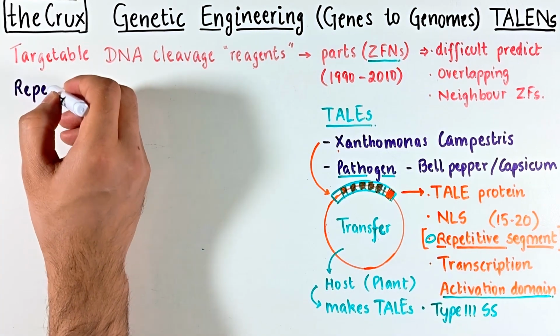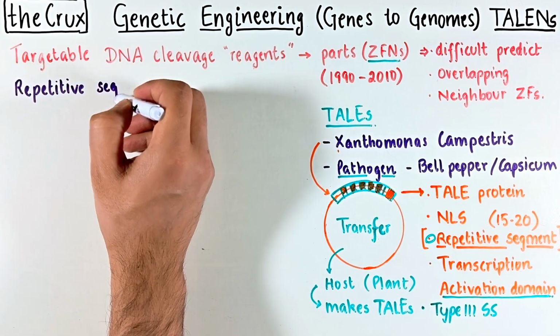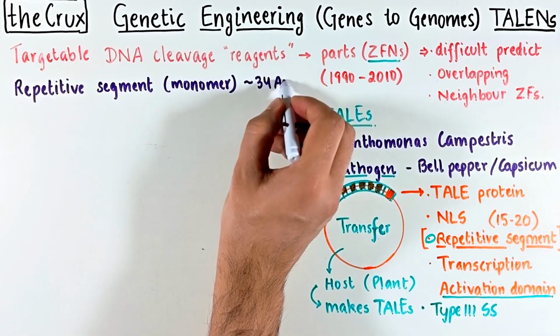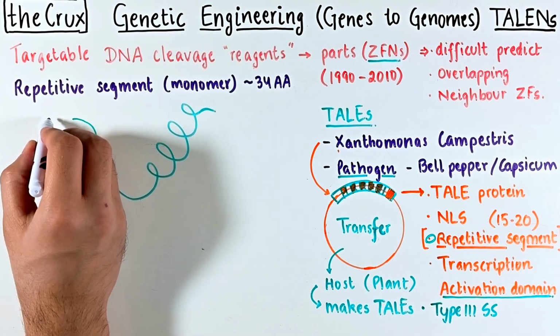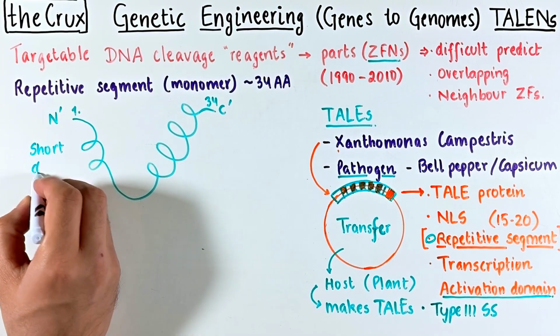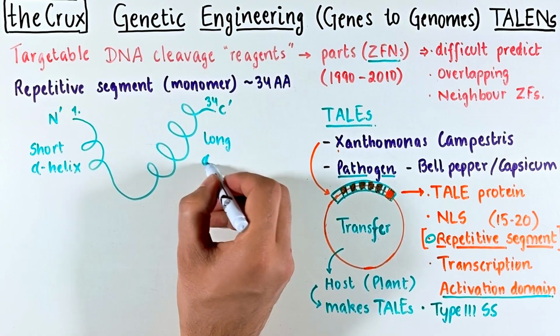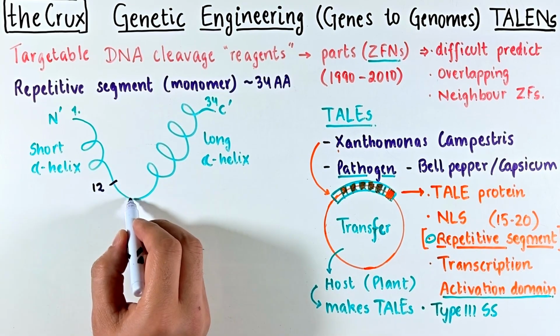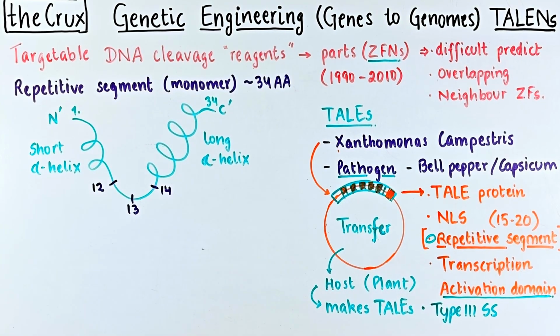As I said, they are nearly identical repeats, and each repeating monomer is about 34 amino acids in length. This monomer contains two helices, a short one at the N-terminal end and a long one at the C-terminal end. Amino acid residues 12, 13, and 14 are in the loop portion in between helices.